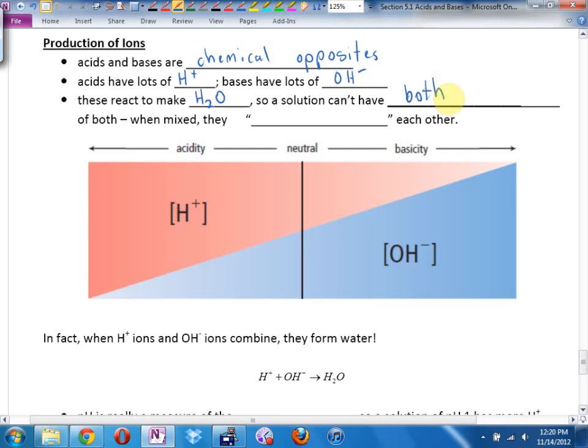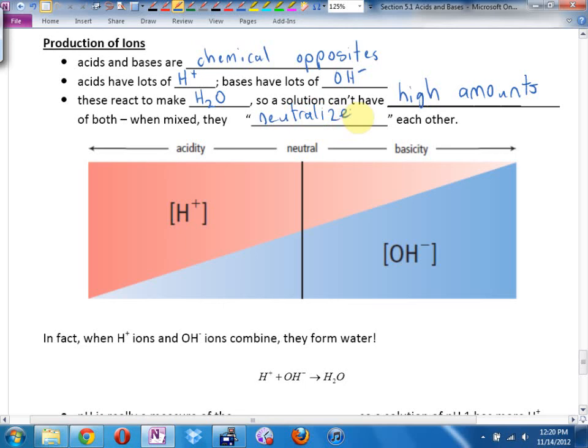It's one or the other, or neutral. Can't have high amounts of both. When mixed, they neutralize each other.